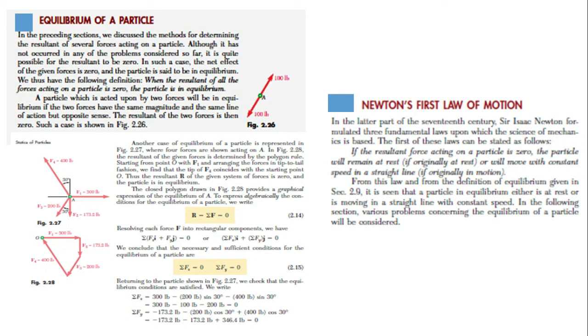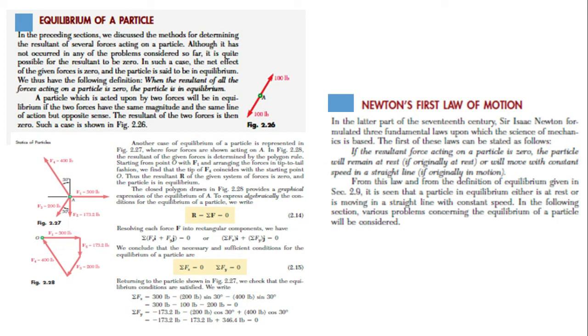So what does this tell you? This tells you that these forces F1, F2, F3, F4, which are concurrent at point A, when resolved along sigma Fx and sigma Fy, are all in equilibrium at point A. So the necessary and sufficient conditions for equilibrium of the particle have been achieved and the system has been solved.